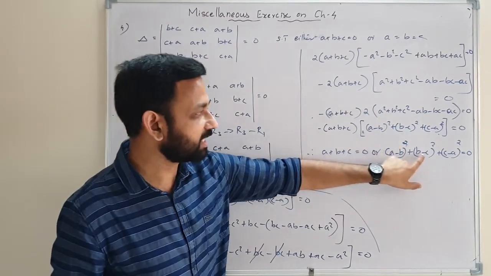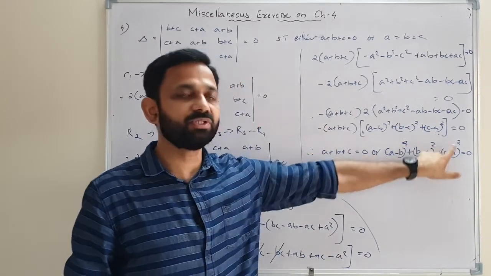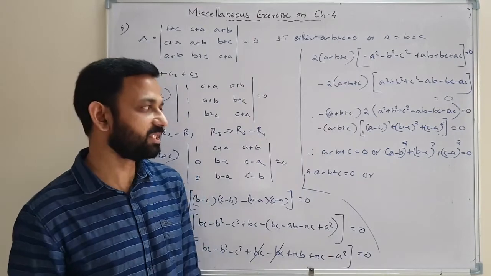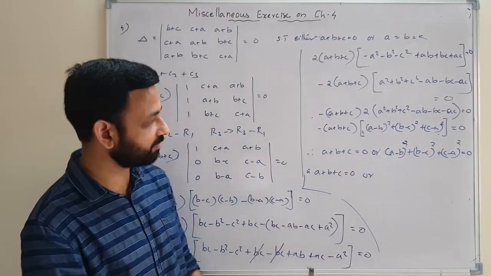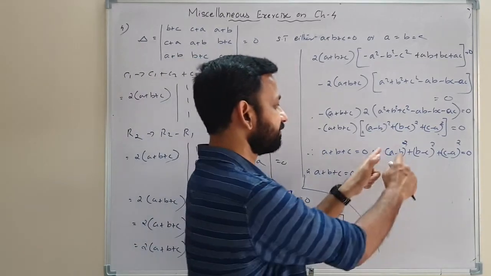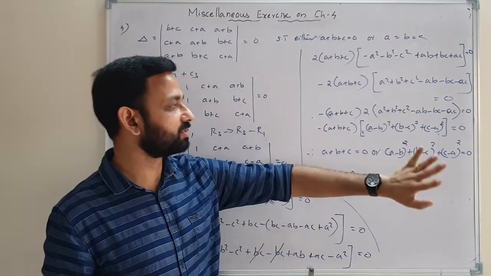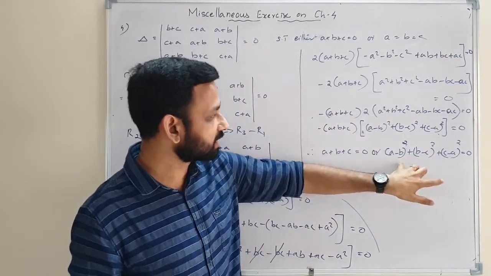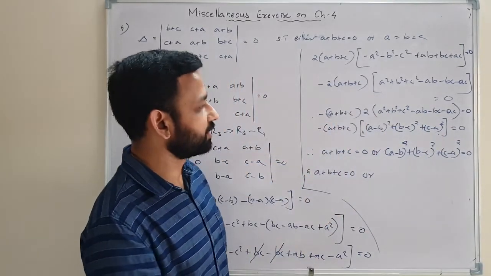Similarly (b minus c) whole square and (c minus a) whole square are positive. All the three terms are positive because we have taken their square, and their sum equal to 0.